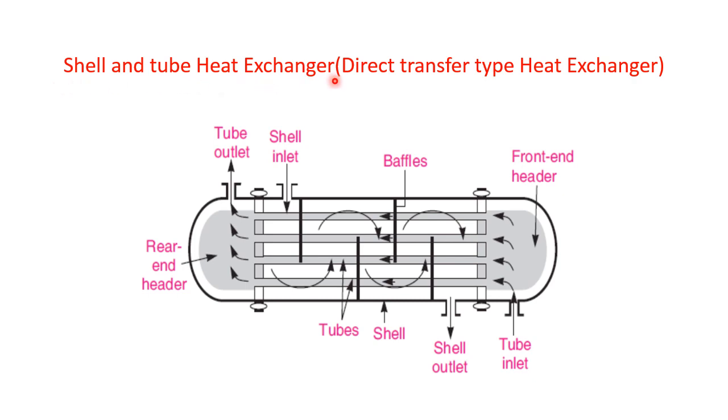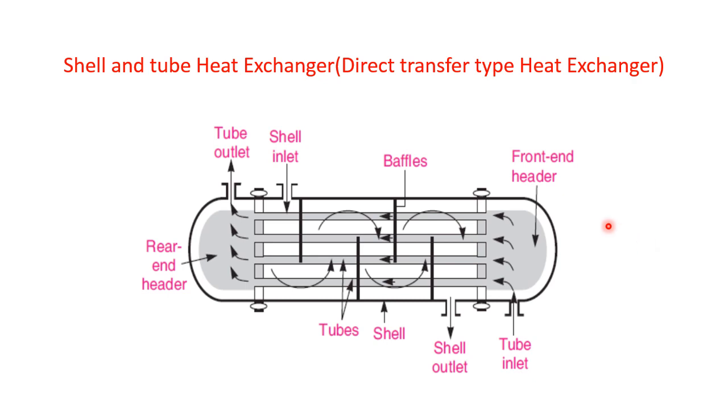It is a type of the tube heat exchanger which falls under the category of direct transfer type. So this is the sketch of the shell and tube heat exchanger. The best example for this shell and tube heat exchanger is the condenser, which is used again in the power plants, where the condenser is used to condense the steam.